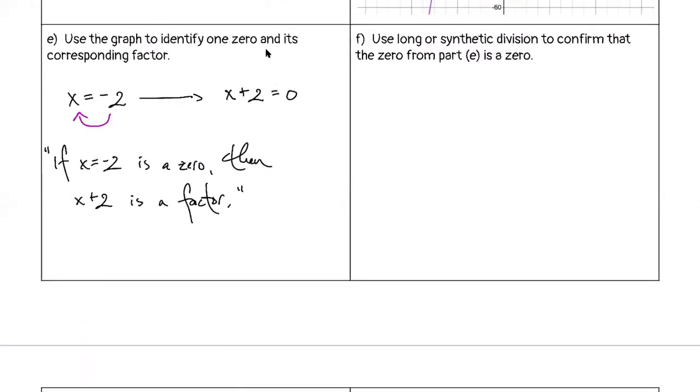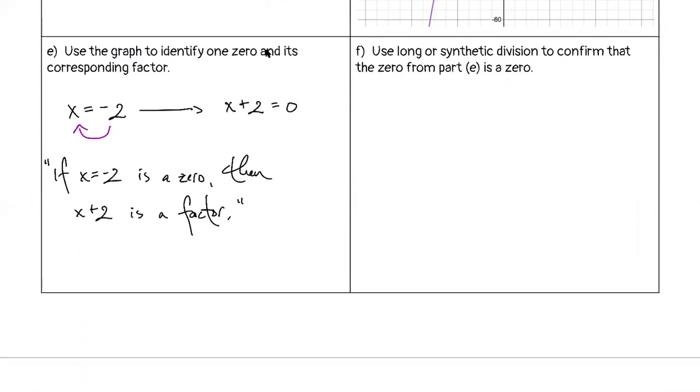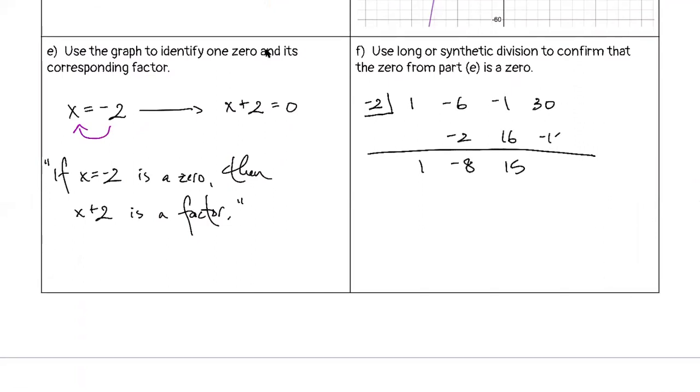Now, part F over here says use long or synthetic division to confirm that the 0 is indeed a 0. Well, this is exactly what we did in that warm-up activity when you were in your breakout rooms. We took the -2, we put it inside the corner. We lined up our coefficients, 1, -6, -1, and 30. We did our synthetic division. We got 0 at the end.